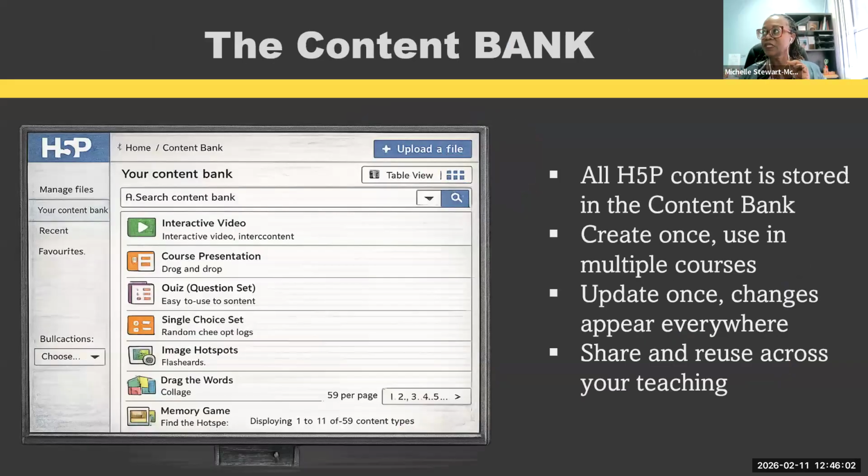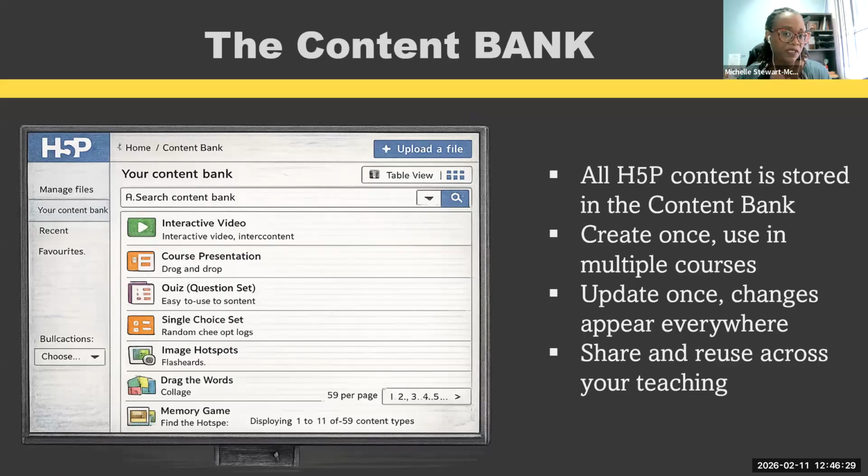All right. Now, a big part of H5P interaction is what is known as the content bank. This is the VLE's central storage system for H5P. So you know how when you're going to do an assignment or you're going to create a book or you're going to do something else, you go to turn on editing and you click on upload a file and so forth.